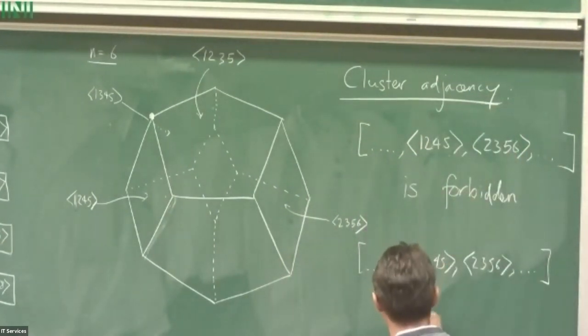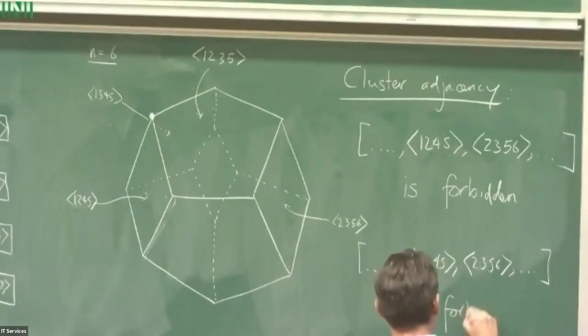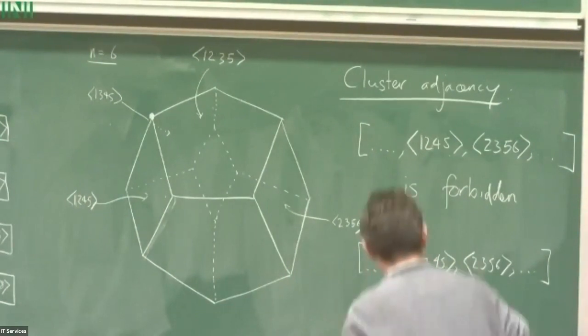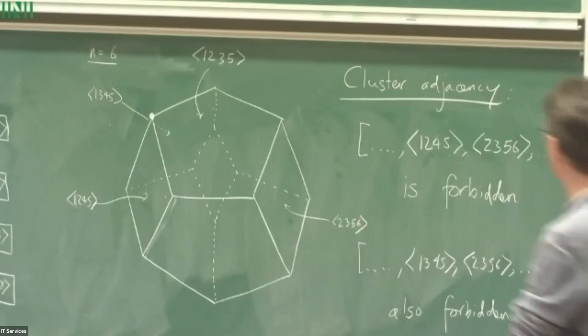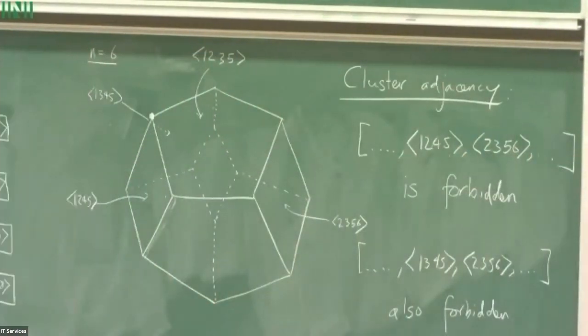So that's also forbidden. Another way to state that is that you can only have two letters next to each other if you can find some cluster somewhere where they're both cluster variables. They're in the same cluster diagram.